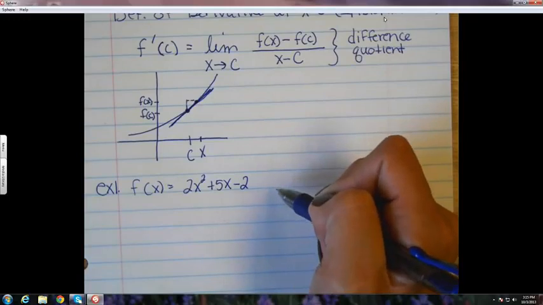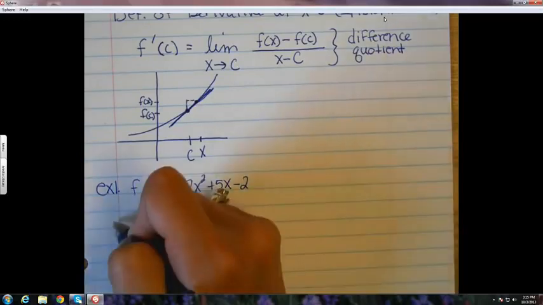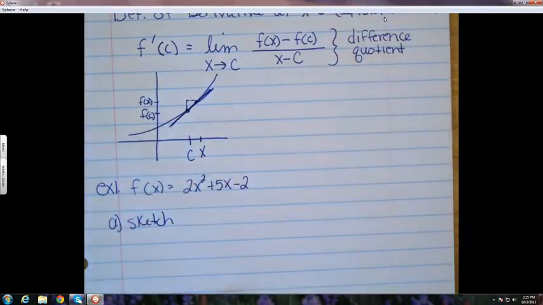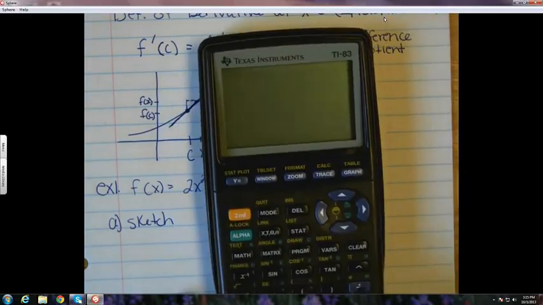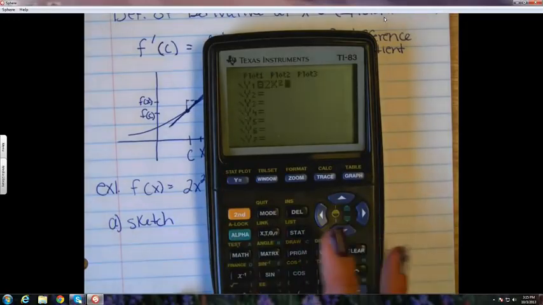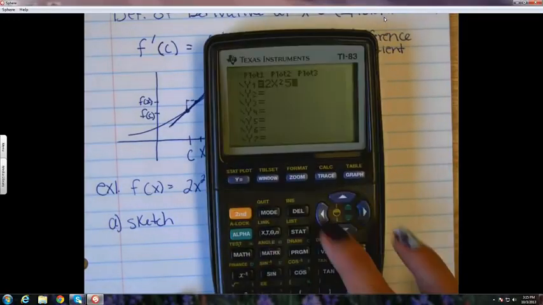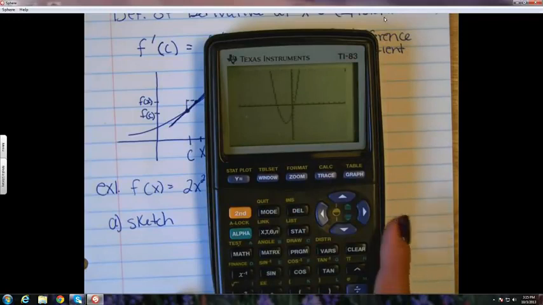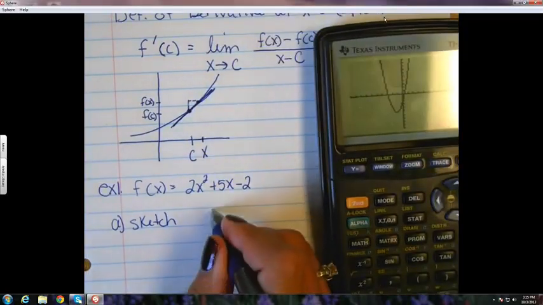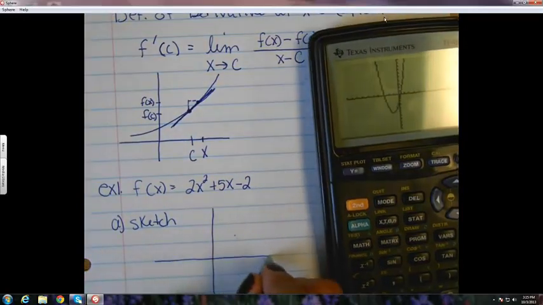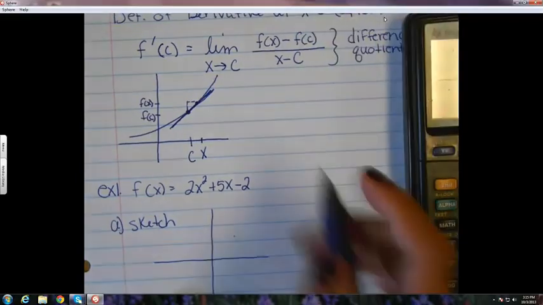So first thing I want to do is sketch 2x squared plus 5x minus 2. Then we're going to estimate the derivative at 2.